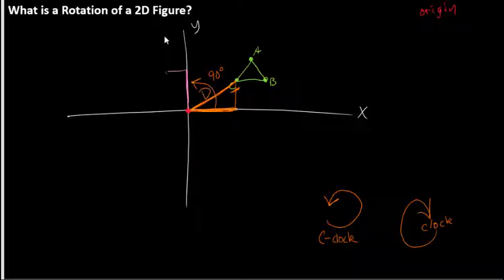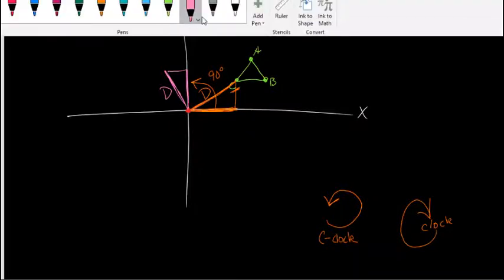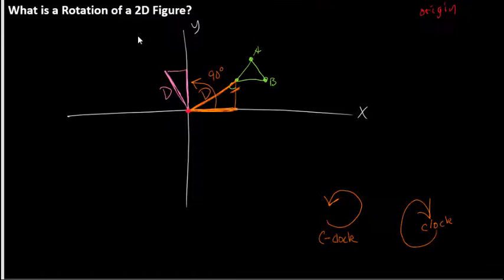And remember, we want to maintain the same distance D. So this is still D away from our center of rotation here. That is the origin. Okay? So our new triangle, still going to be ABC, and I'll do this one in blue. Our new triangle is going to be over here, right? So there's our new, we'll call that blue C. I'm not going to number them just yet.